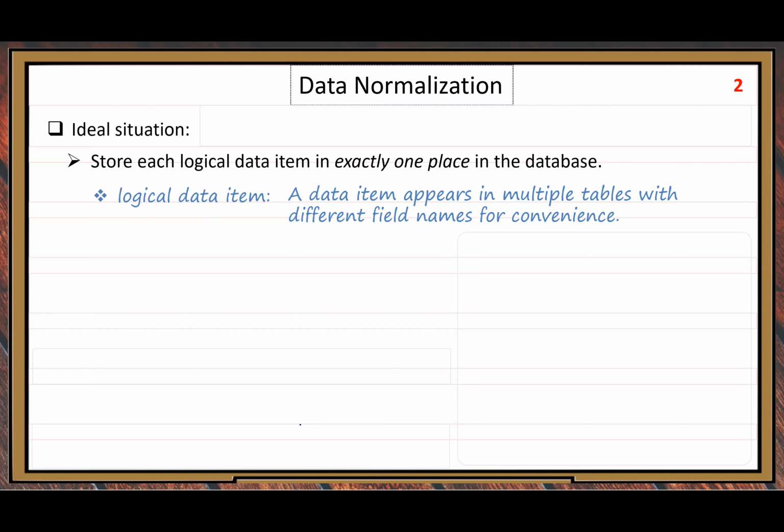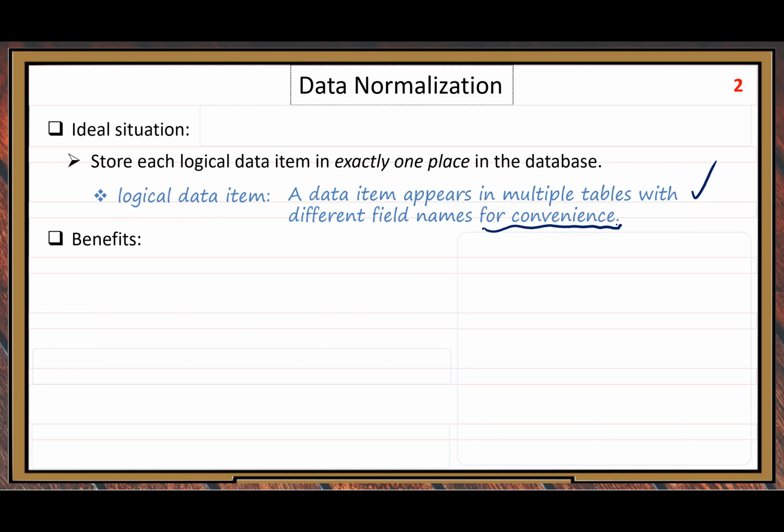Here it answers the question: why could some data items appear in multiple places, in multiple tables? Because of convenience. Sometimes people know this specific data piece appears multiple times, but they do not want to remove it because they want to have this convenience. That's one of the reasons people keep redundancy.